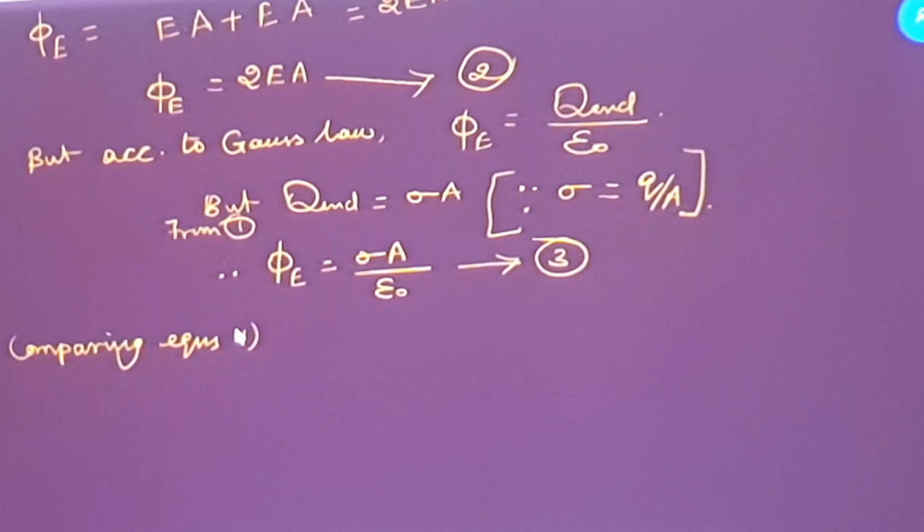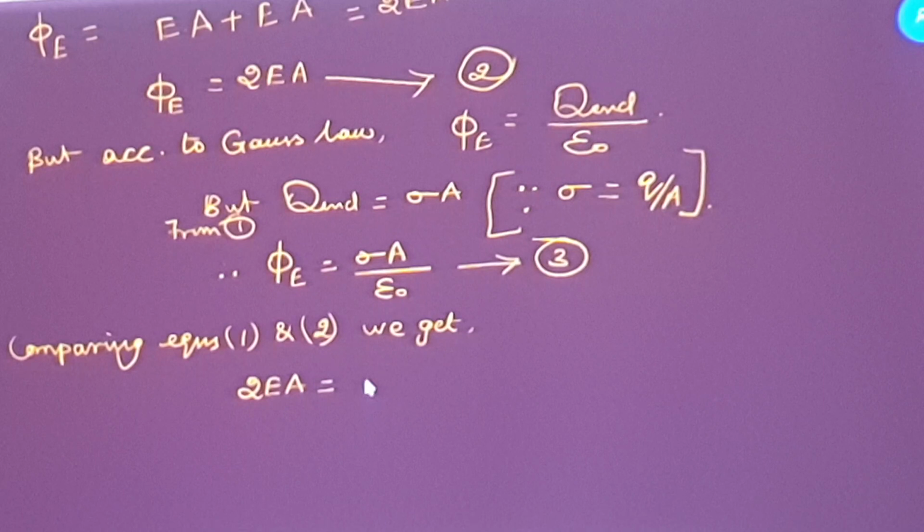Comparing equations 1 and 2, we get 2EA equal to, because both the left hand sides are equal, and equating both the right hand sides, sigma A divided by epsilon 0.